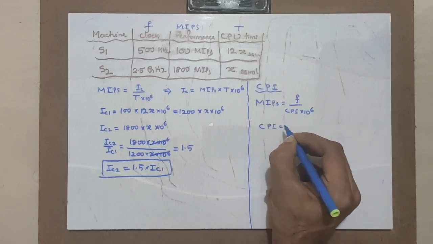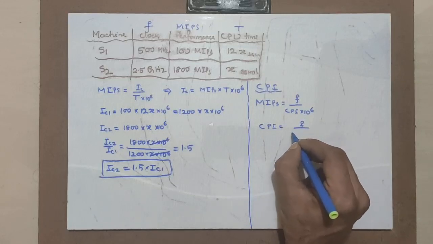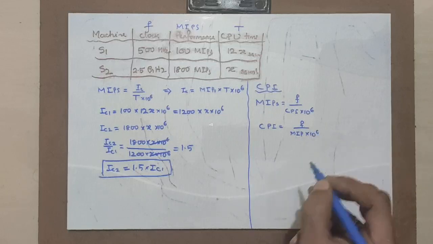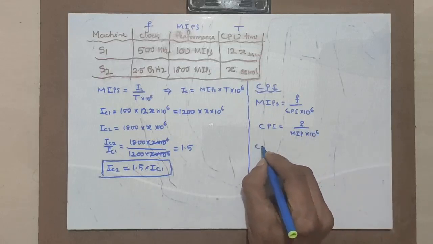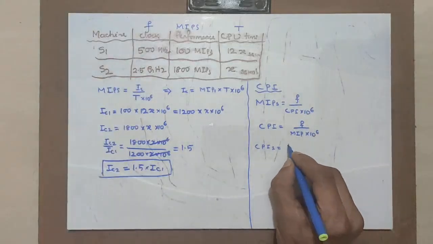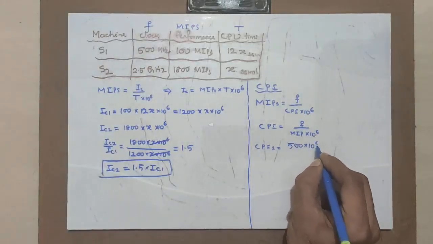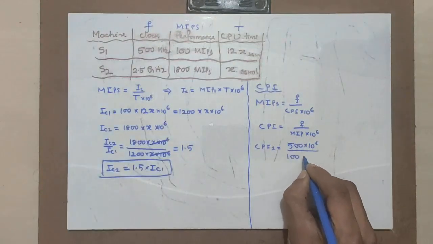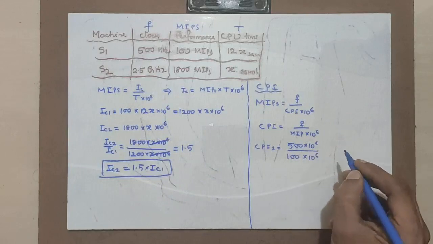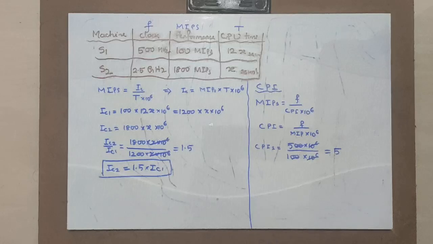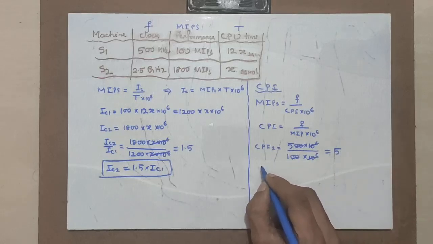CPI is given by F divided by MIPS rate into 10 raised to 6. For the first machine, CPI for the first machine is equal to frequency of the first machine, 500 mega, 10 raised to 6, divided by MIPS rate 100 into 10 raised to 6. Cancelling out everything, cycles per instruction is 5 for the first machine.